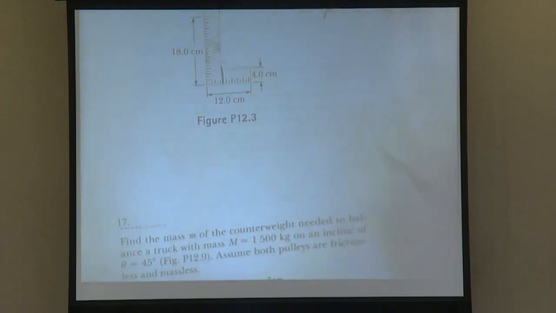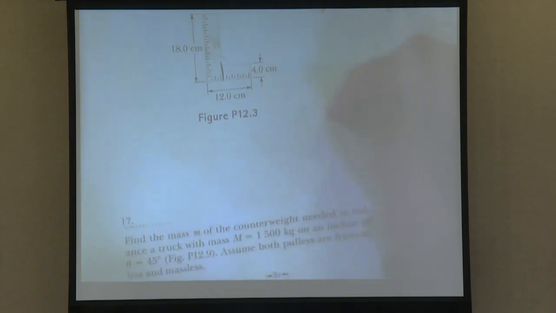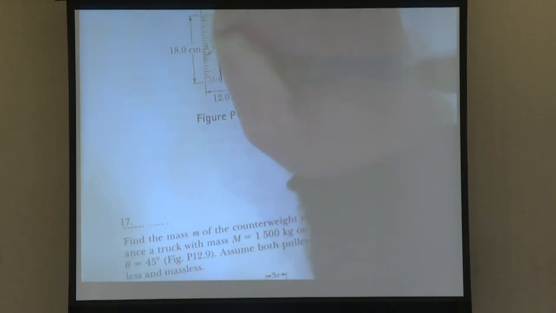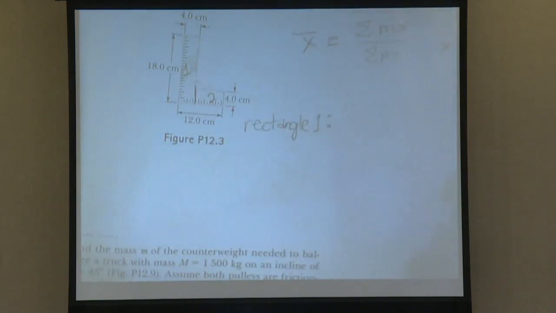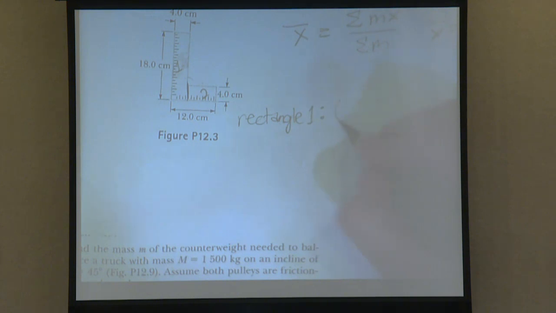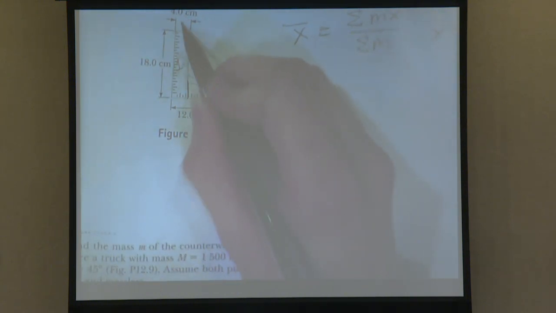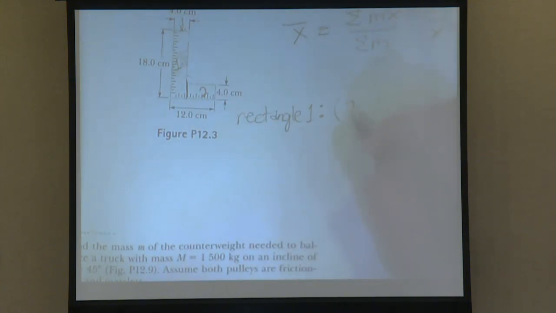So what we want to do is find the center of each of them. So for rectangle 1, so this is 1, this is 2. Our x coordinate is going to be the middle of 4, so it would be 2 centimeters. And the center of this one would be 9. Okay?